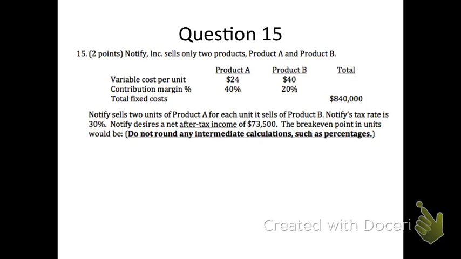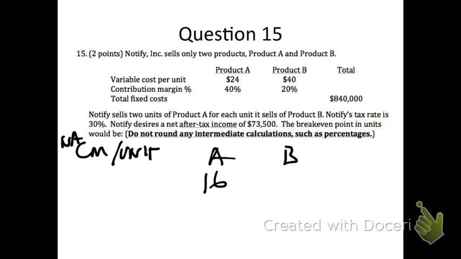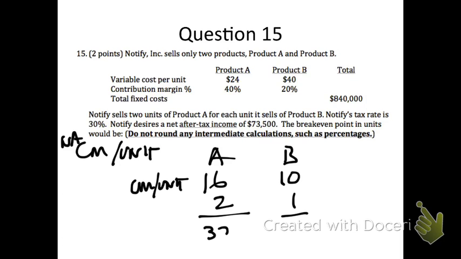So if I use contribution margin per unit, actually this has to be a weighted average contribution margin per unit. Remember, our contribution margin per unit for product A was 16, and it was 2 to 1, so I had 32 plus 10, for a total contribution margin of 42, and that's what we had before.